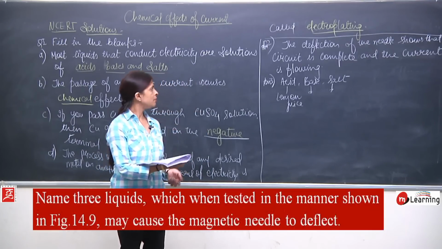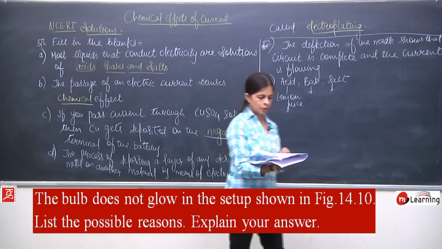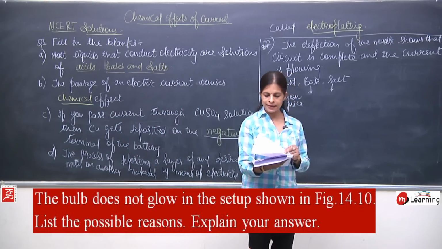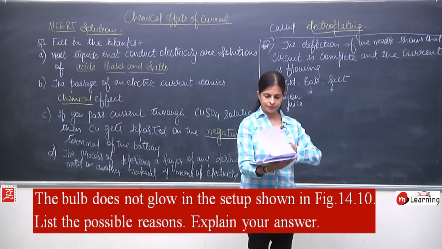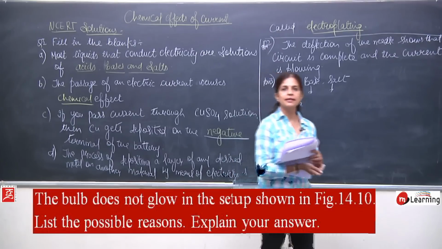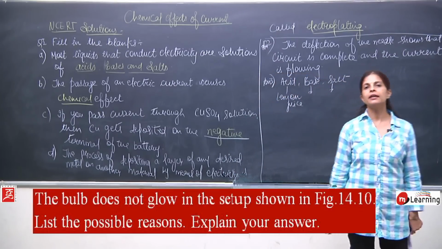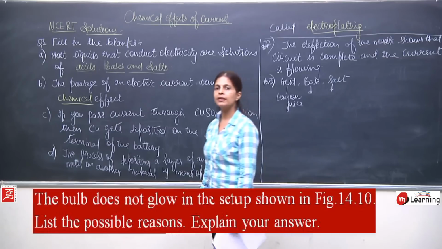Now, come to question number 4. Now, the bulb does not glow in the setup shown in the figure. List the possible reasons. Okay, so they have given one circuit and they are saying that the current is not flowing. So, why is the current not flowing?